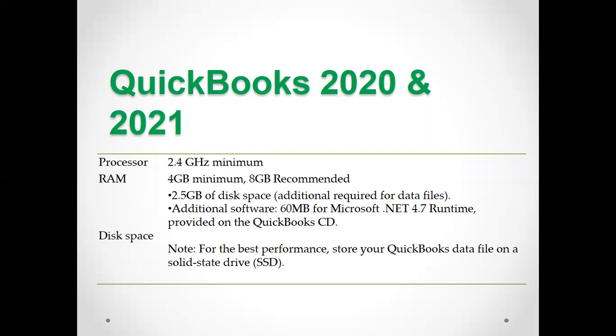In some computers you might have this situation, there is a shared VGA feature, which means you have 4 GB RAM, but some amount of the RAM is allocated for the VGA memory, the video memory. In that case you can't install, right? If you have a separate VGA card with 4 GB RAM, then you can try with QuickBooks 2021.